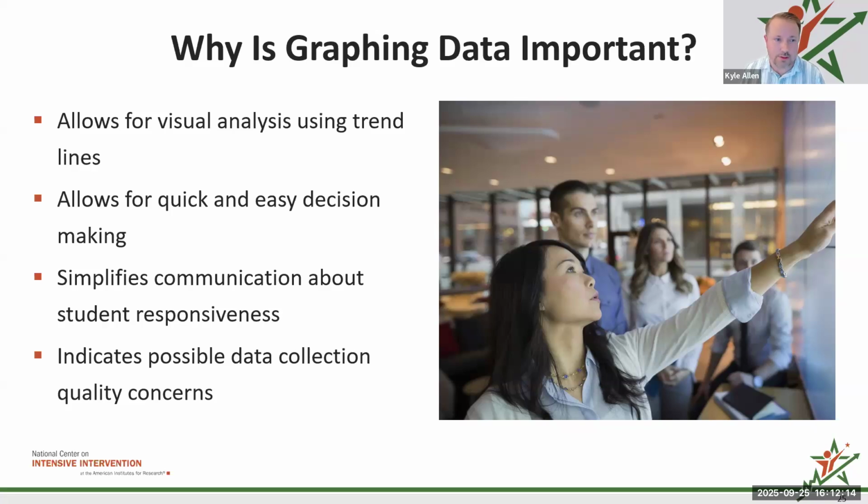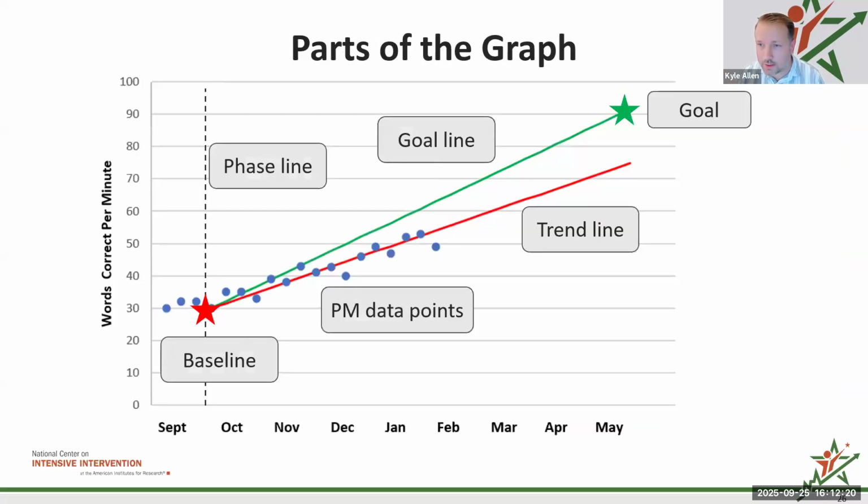Like visual analysis, quick and easy decision making, simple communication, right? Like all the things that many of you guys likely know of, okay? So these are the things that we would expect to see as part of the graph. Again, we're going to spend more time on this, specifically looking at parts of the graph in one of these future workshops. But we'll just kind of briefly discuss, right?